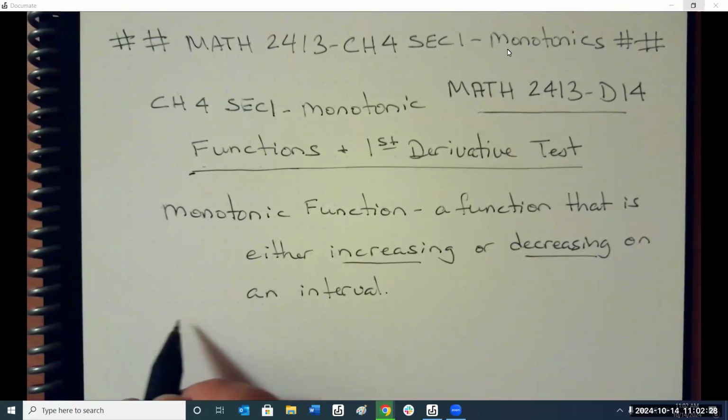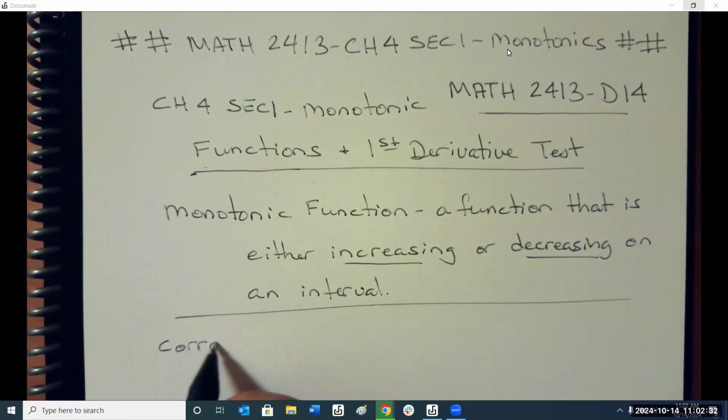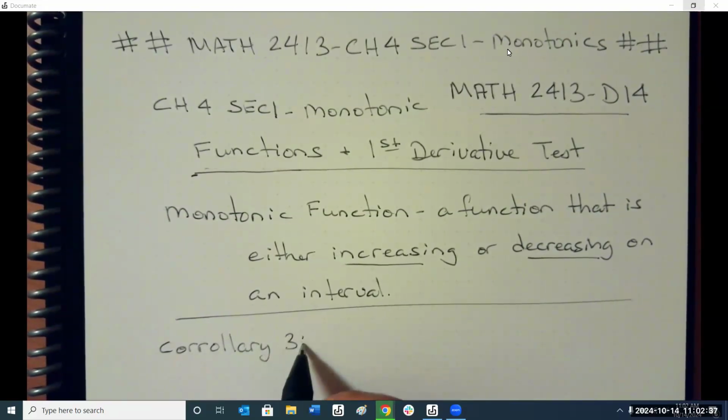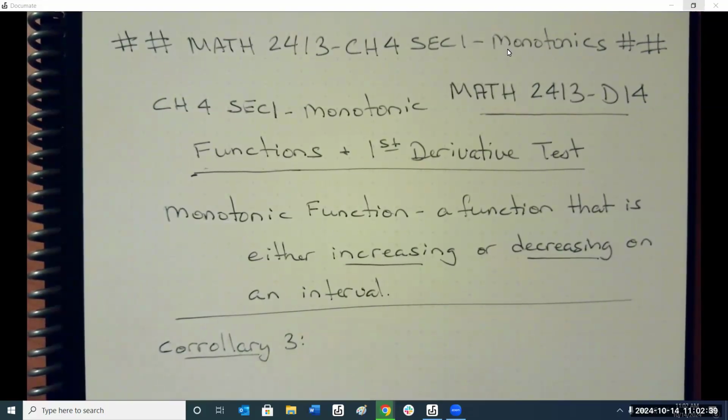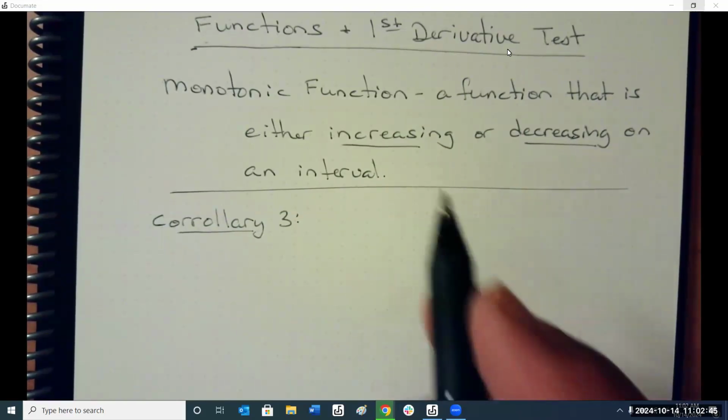All right, but to do that, we have a corollary. Corollary 3. Corollary 3 tells us what it means to be increasing, decreasing.